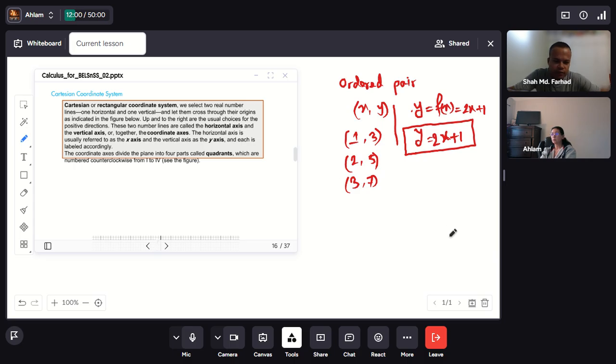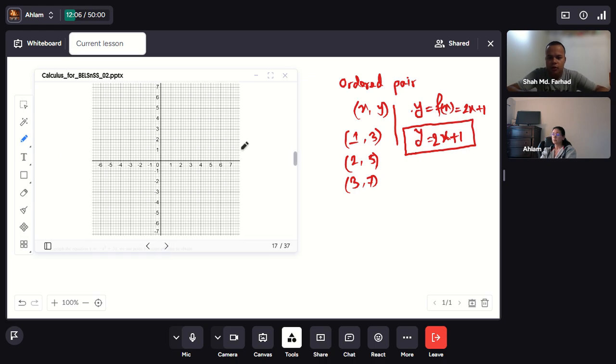In the coordinate system, if we see the graph here, we see a picture of a graph, and there are two lines, both of them perpendicular to each other, right? Here is one, here is another one.